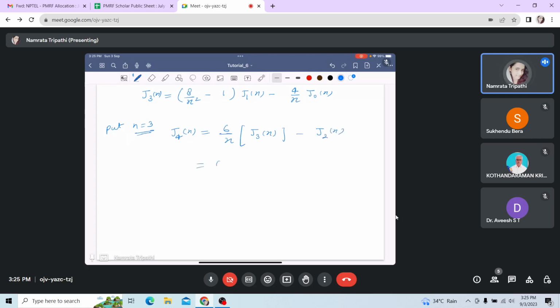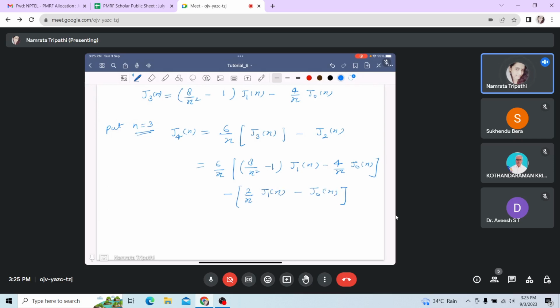So what is the value of Z3? You can write it from the above equation. And what is the value of Z2? The value of Z2 is 2 by x Z1 of x minus Z0 of x.